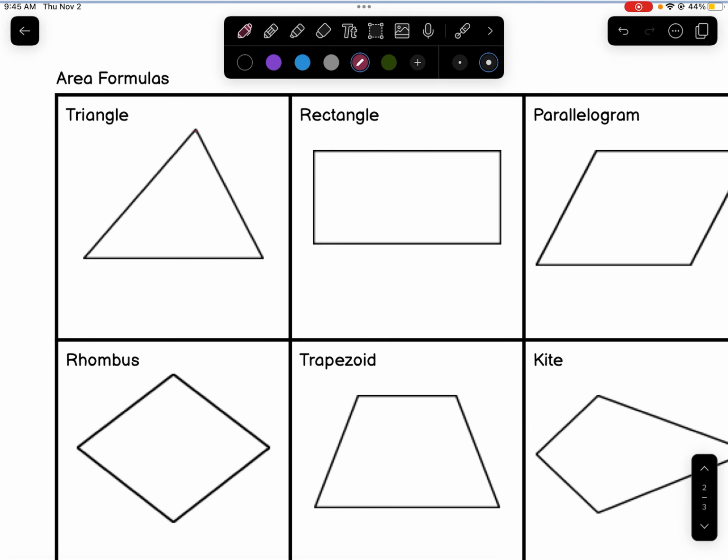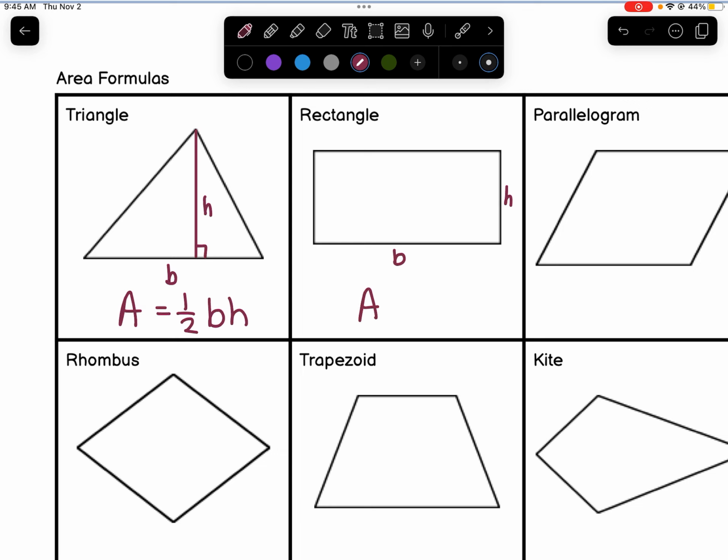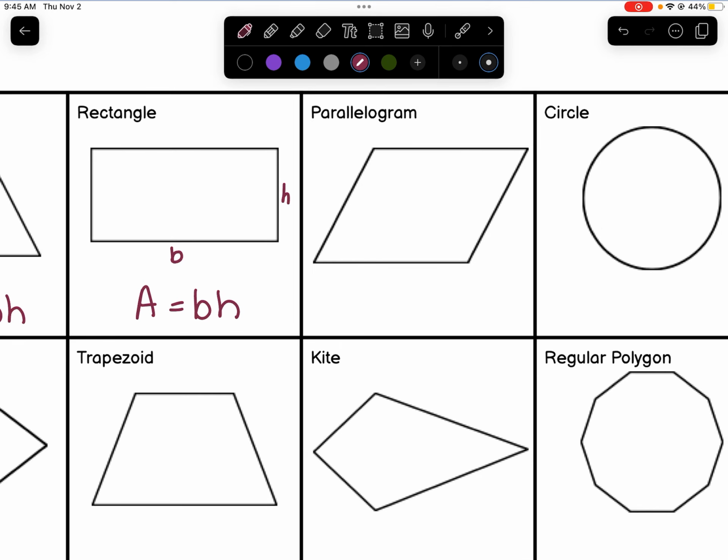And so the area of a triangle is 1/2 base times height, where this is our base, this is our height. Area of a rectangle is base times height, or you could say length times width. Area of a parallelogram is base times height.